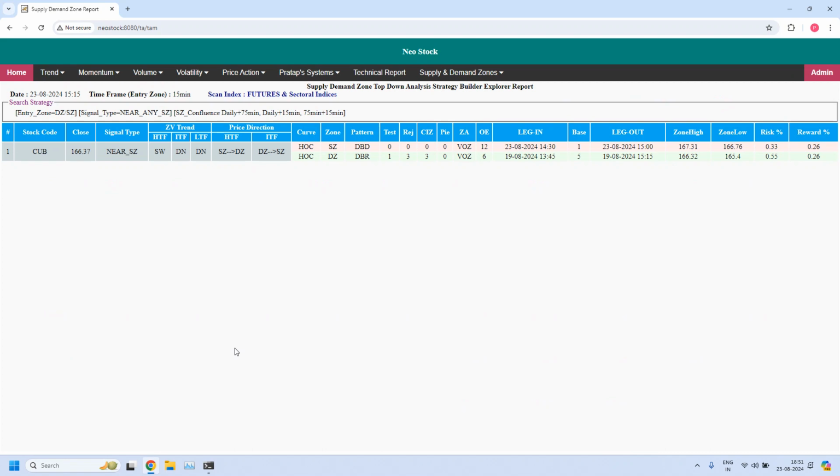That means CUB is having 15 minutes, 75 minutes and daily zone confluence, that is LTF, ITF and HTF confluence, and also it is supporting a downtrend in both. That means it might be supporting a bearish trade setup. But RR is not good. Okay.